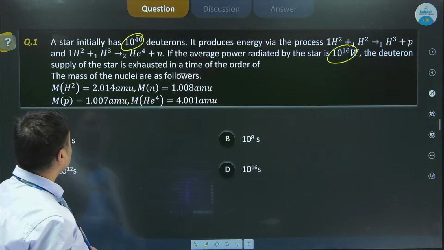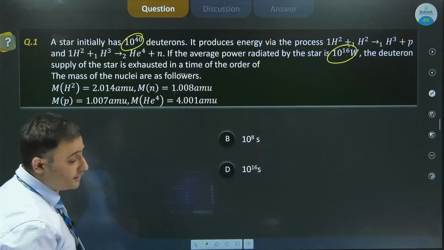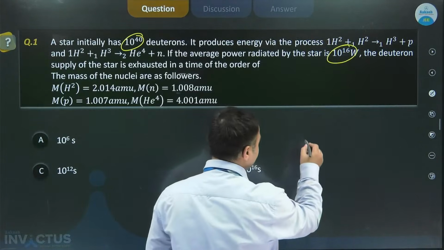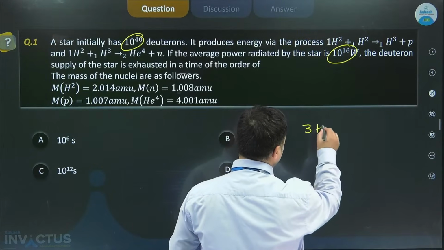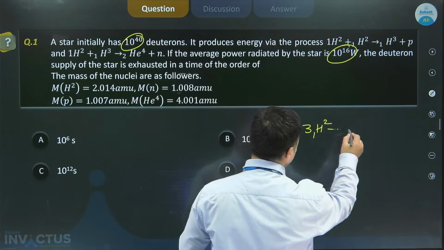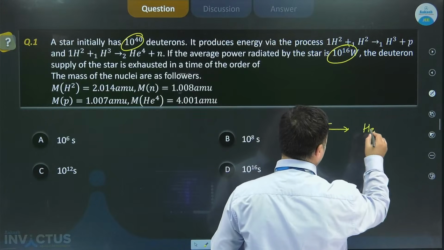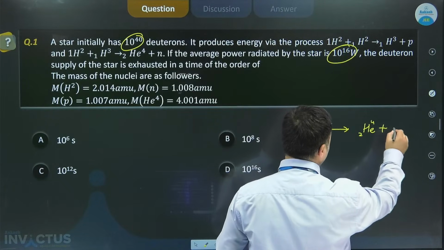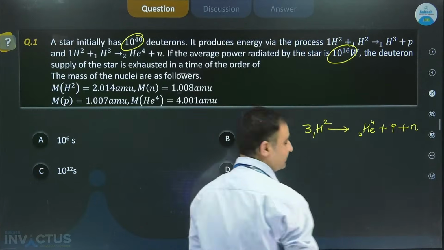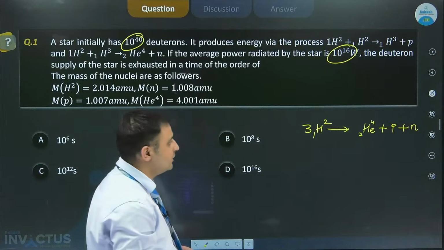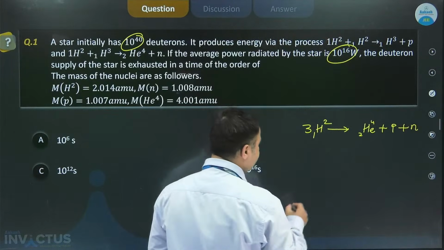In how much time will the deuteron supply finish, we have to calculate. So first of all, I am simplifying this reaction as 3 deuterons are converting into 1 helium nucleus plus proton plus neutron. So we simplified this equation, and now we can calculate the Q value of this reaction.